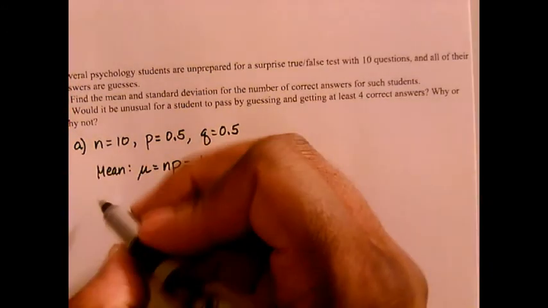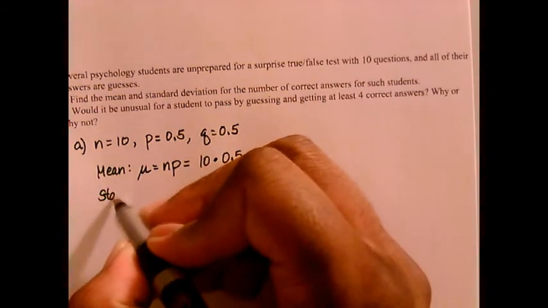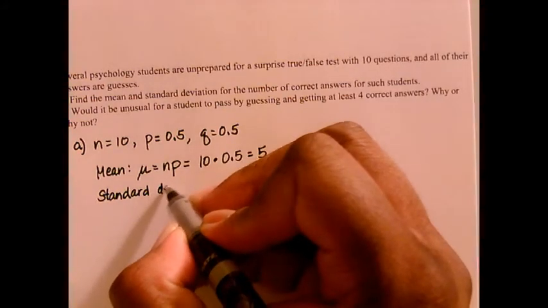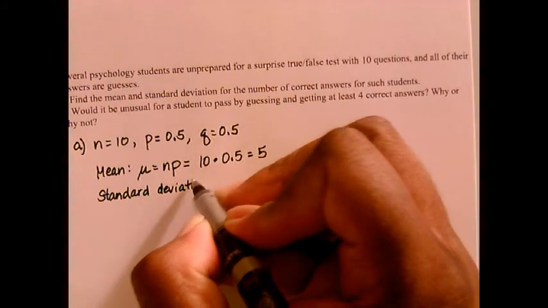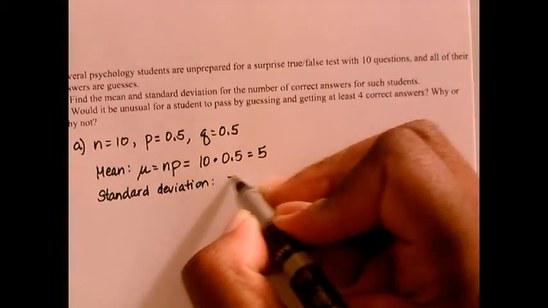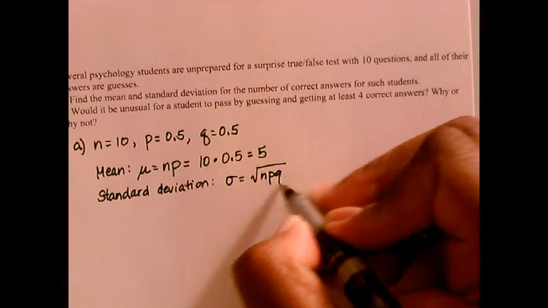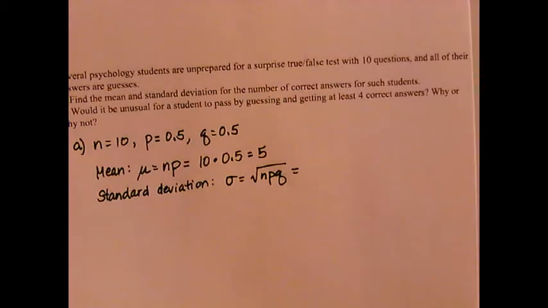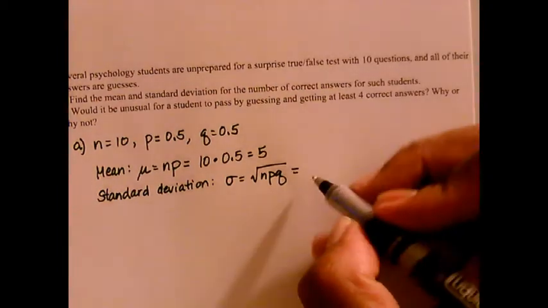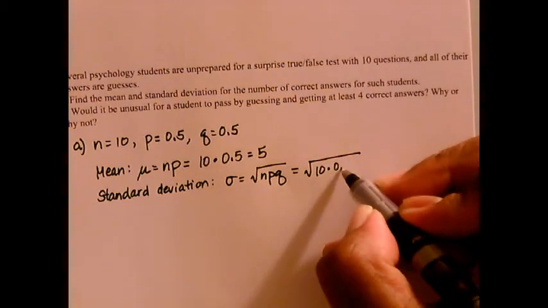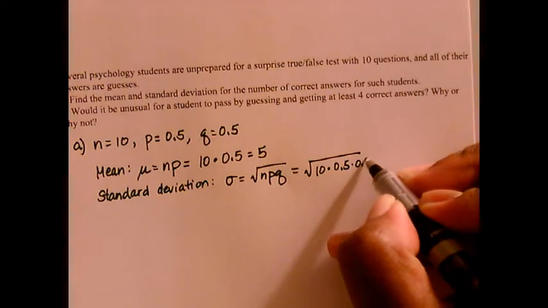And then for the standard deviation, that's sigma, and that's equal to the square root of N times P times Q. Well, N is 10, so it'll be 10 times, P is 0.5, and Q is 0.5.